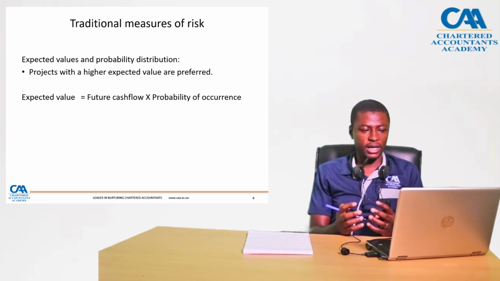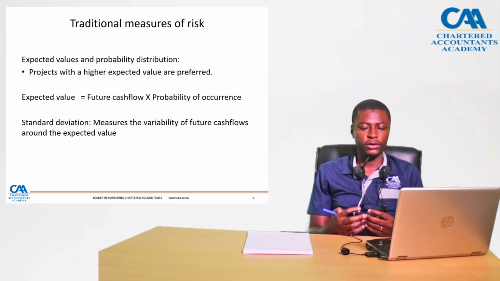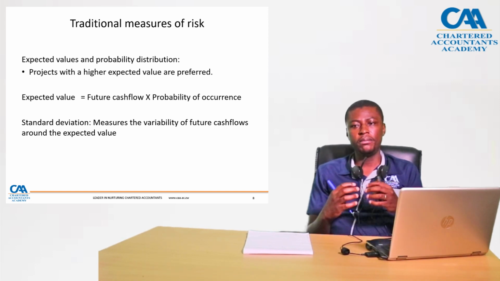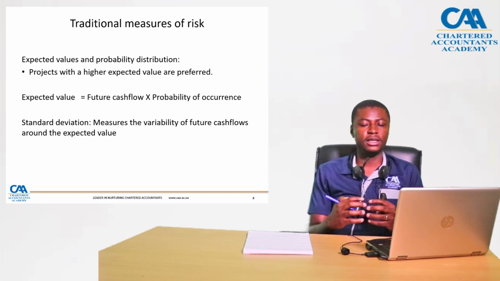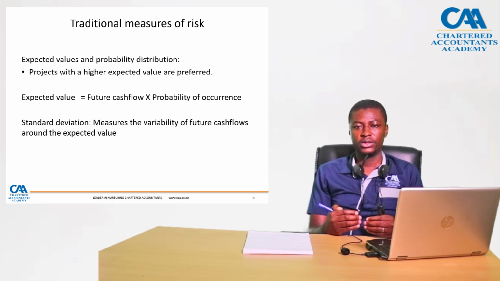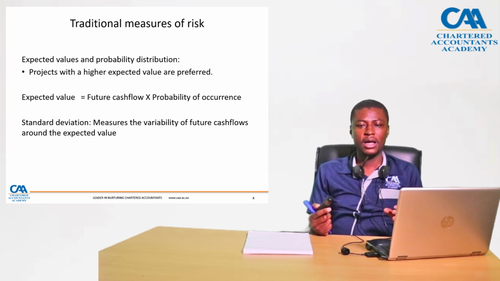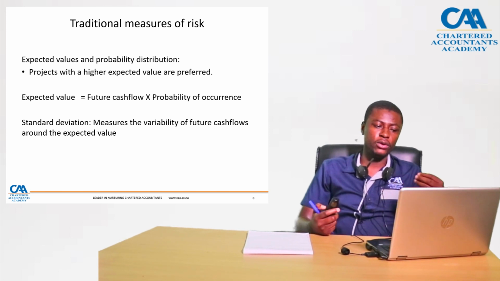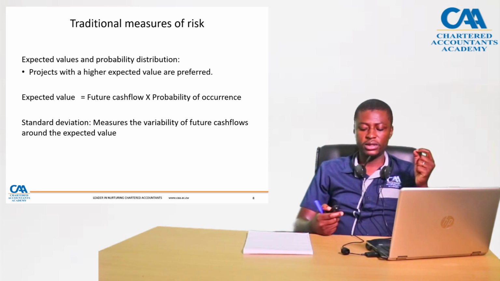Then within this whole discussion, we bring into play standard deviation. We measure the variability of those future cash flows around the expected value. From your mathematics and statistics, you discussed the concept of standard deviation and how it works from a mathematical point of view. But the only limitation of standard deviation is that you cannot compare two projects with different expected values.